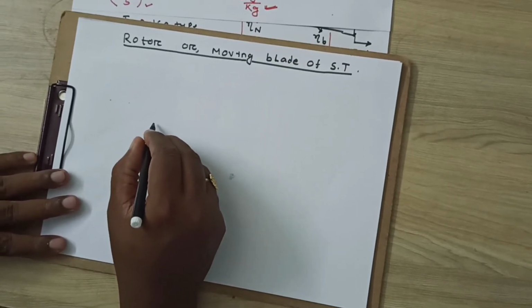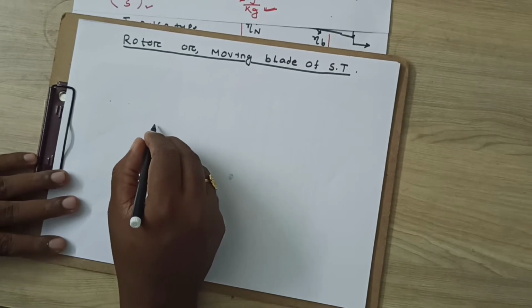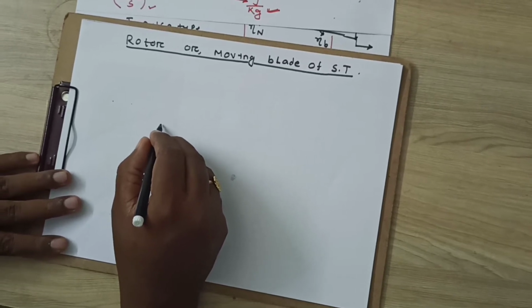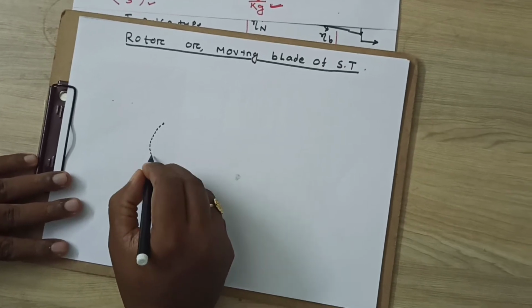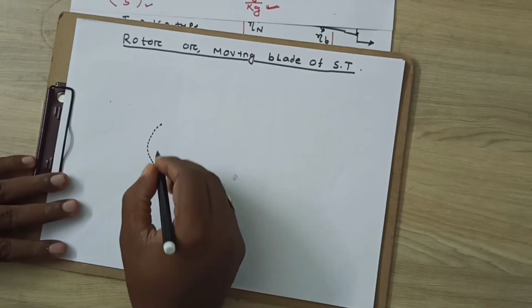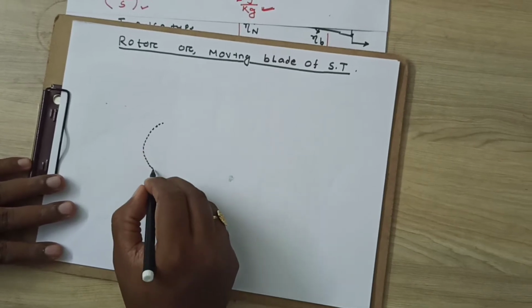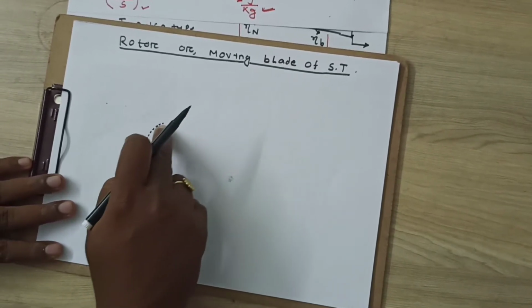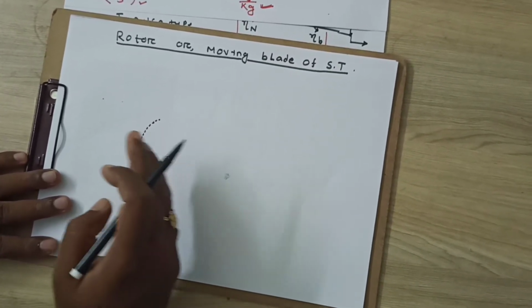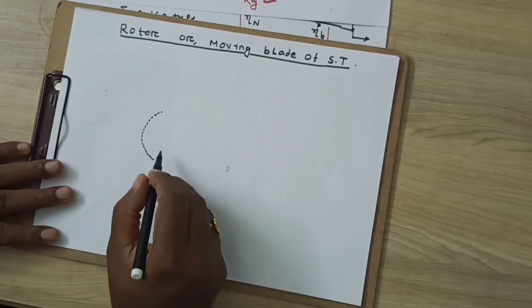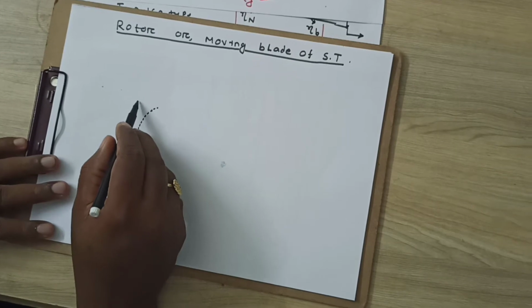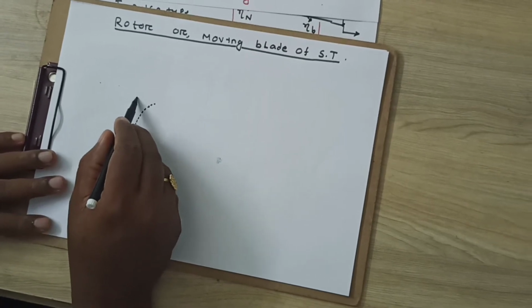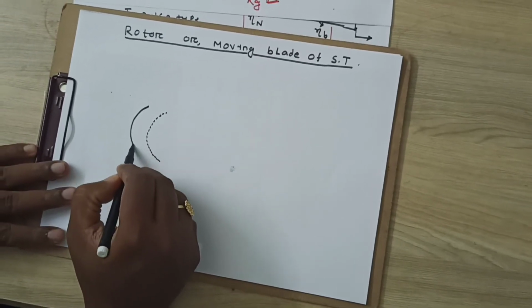Suppose, at a certain instant, this is the shape of the impulse steam turbine blade. Steam has to come here and strike it. Due to the reaction action, the blade moves, and after some instant of time, as it is moving, it will come to the position here.